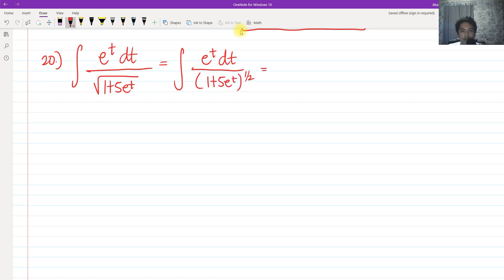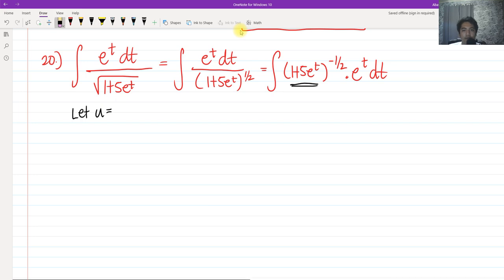So I can get the reciprocal by negating its exponent, and then raised to negative 1/2, and then I have e raised to t dt in here. So if I'm going to let u be whatever is inside, excluding the negative 1/2 exponent, we have u equals 1 plus 5 e raised to t.